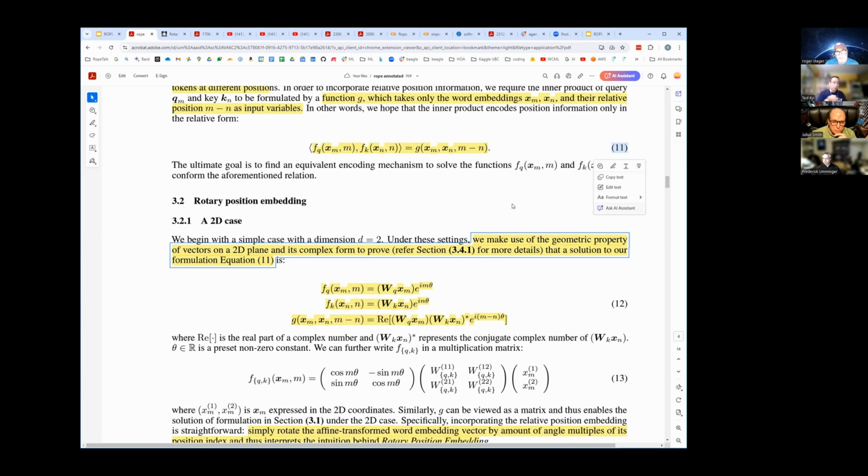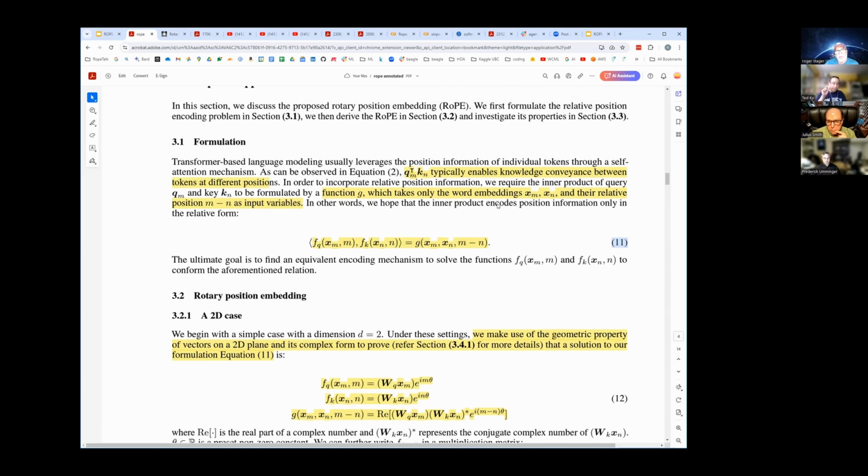No matter where you are, if they're 3 apart, the attention score will always be the exact same value. That's what equation 11 is expressing: as long as you're 3 apart, or 5 apart, you'll always have the same score. How useful that is remains to be tested by actually building and training one.